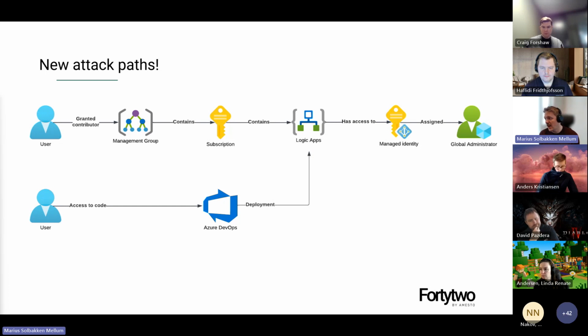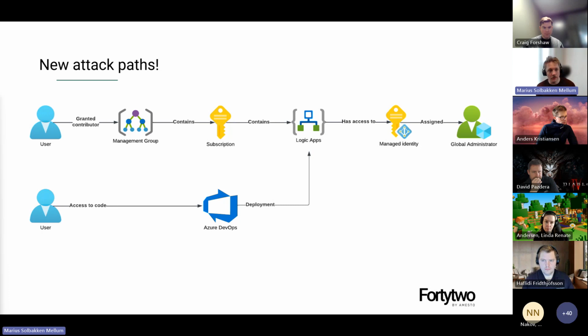I mentioned global admin a lot, but this can also be, let's say, Group.ReadWrite.All, granting access to read all contents of your groups. That could be an interesting target for someone. Maybe you have a password for a break glass account stored on a Team or something.